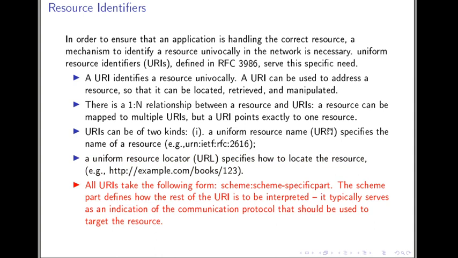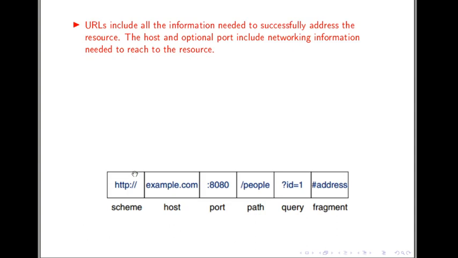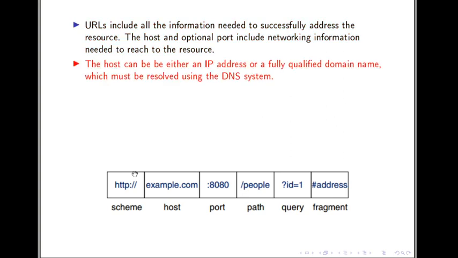It typically serves as an indication of the communication protocol that we can see here, like the HTTP part, and the scheme specific part should be used to target the resource. So a URL includes all the information needed to successfully address the resource. The host and optional port include networking information needed to reach that resource. The host can be either an IP address or a fully qualified domain name, which must be resolved using the DNS system.